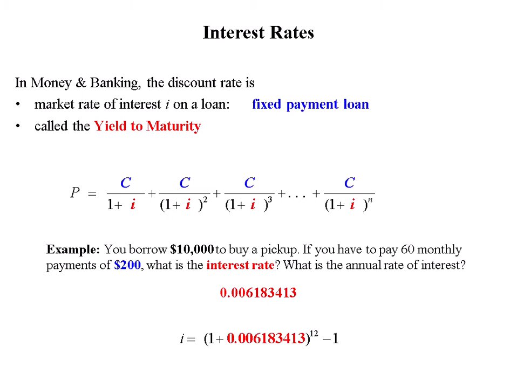0.006183, or to turn that into an annual interest rate, we can use this equation, and we get 7.68%. But what we generally do in finance and banking is we just simply multiply this monthly rate by 12 periods, and we get 7.42%.